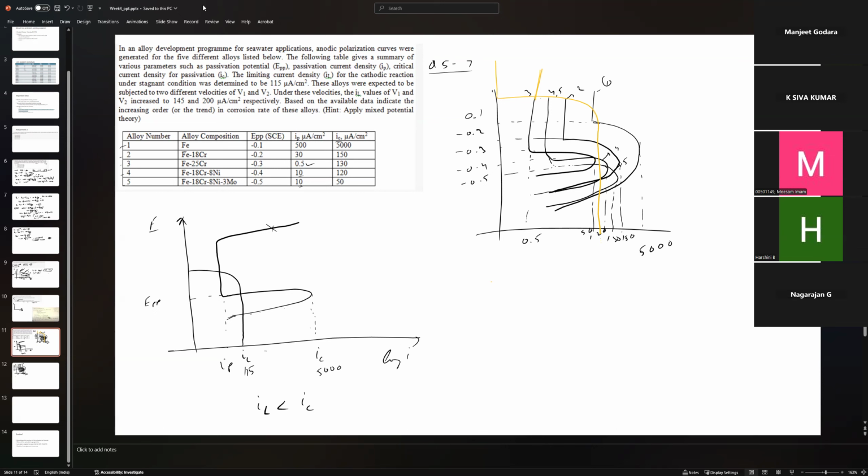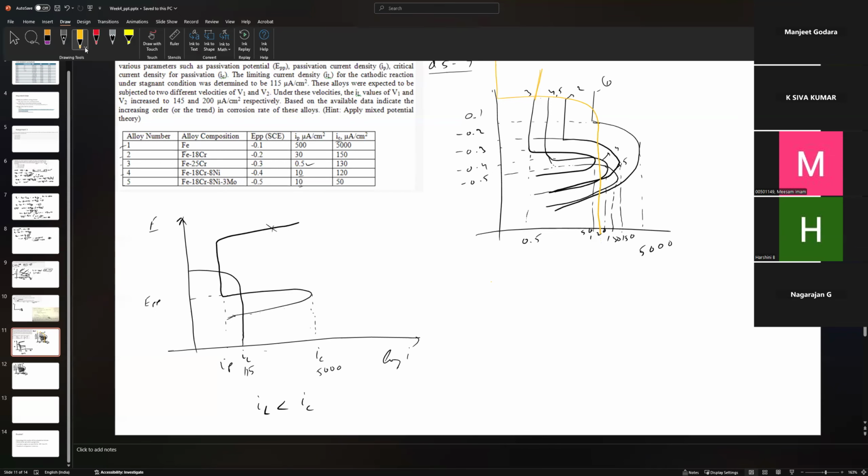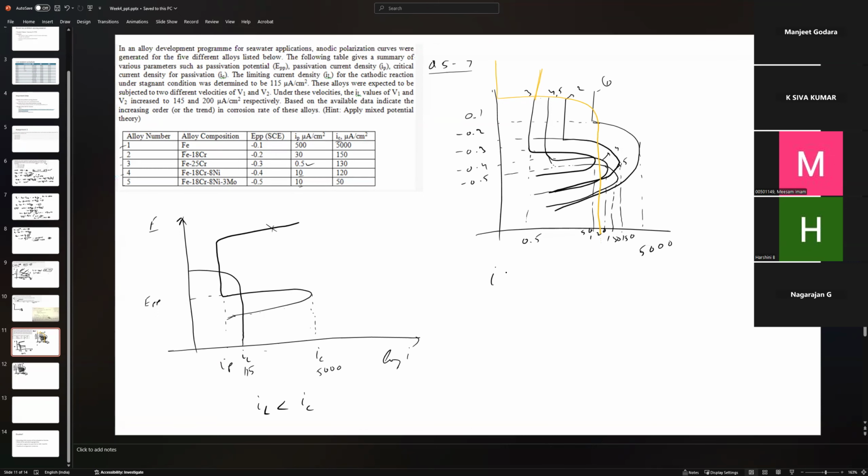So the corrosion current density for the third one would be least, and for all the other samples, 1, 2, 4, and 5, it would be the same, since only this sample reaches passivation, and passivation is still on top.